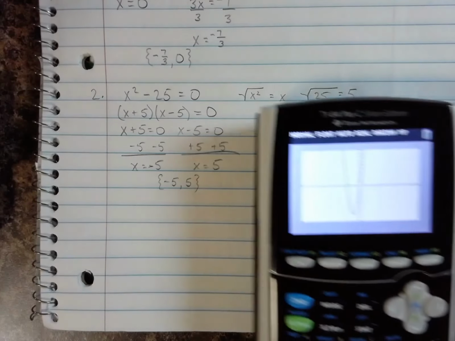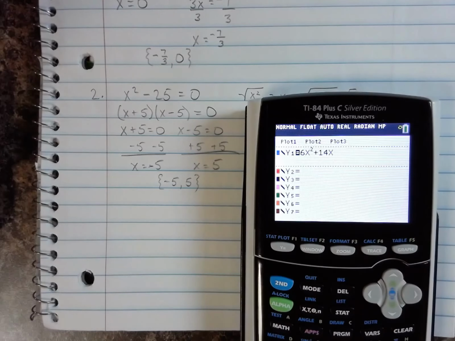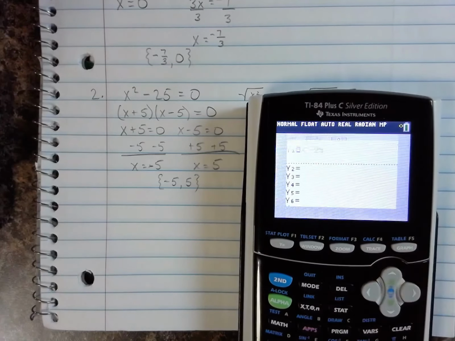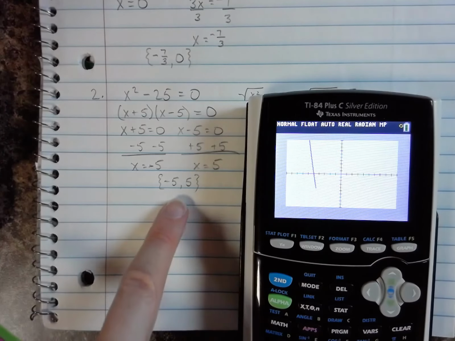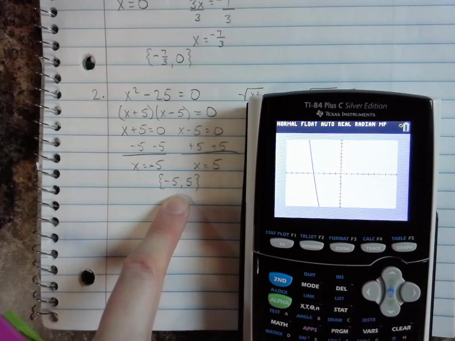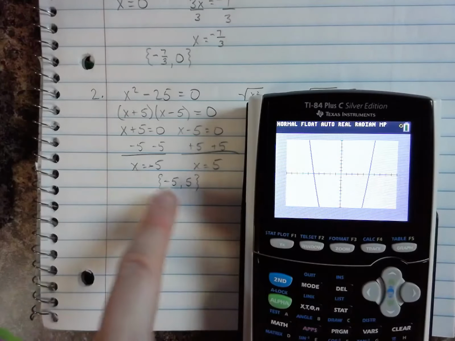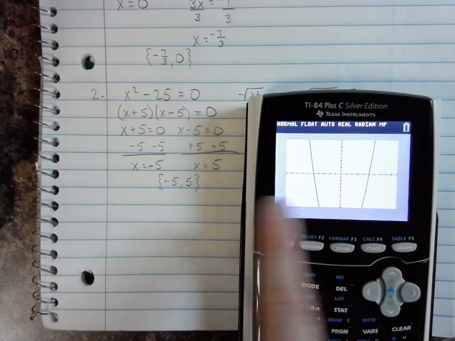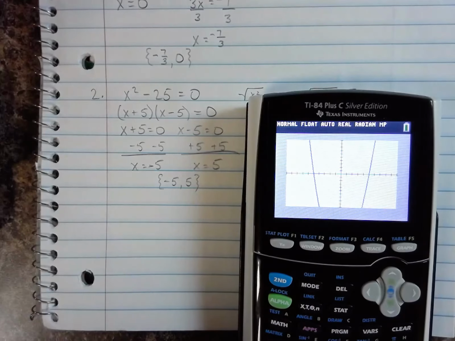Let's view that on the graphing calculator. So go back to y equals, type in x squared minus 25. When you view the graph, again, you should see your parabola crossing the x-axis at -5 and +5.